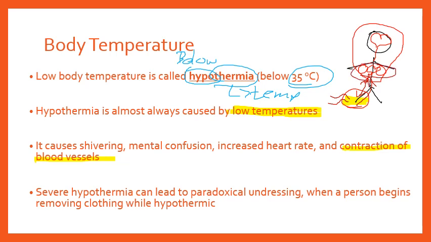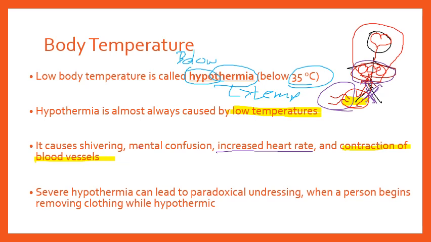By shutting off blood flow to the extremities, it's able to retain heat by having less blood flow and less heat loss. But it's also going to increase your heart rate to continue cycling heat through all of the center parts of your body.